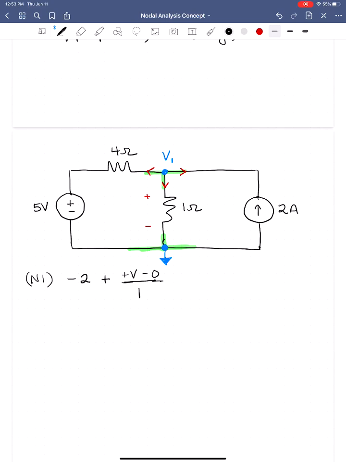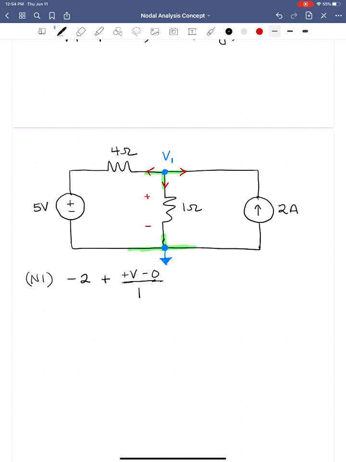We divide it by 1, and then we have the current. Of course, the plus signs here are understood, and eventually I'm going to stop putting in those minus zeros whenever we're subtracting ground because that is also understood, but we'll keep them in here to start with. So that's the current flowing down.